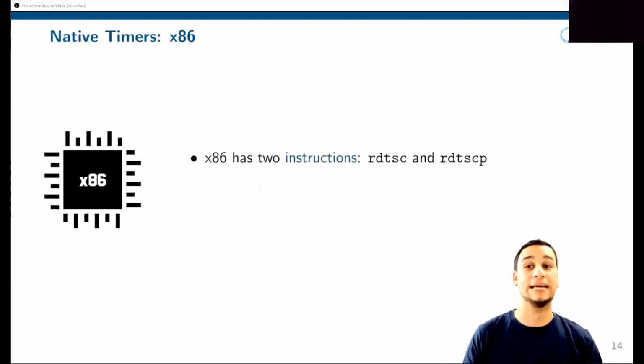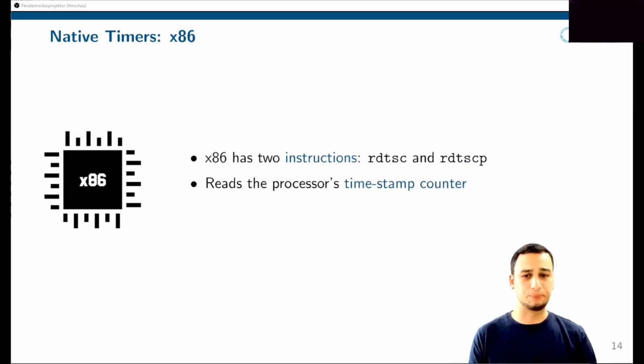If you're talking about x86, fortunately, we have some native instructions for that. On a bit older systems, we have the RDTSC, and on newer systems, we additionally have the RDTSCP, the read timestamp counter. And that just returns the timestamp counter of the current CPU core.